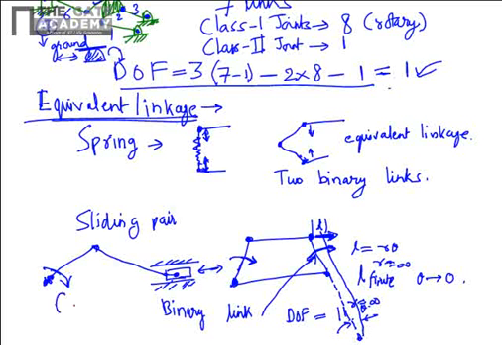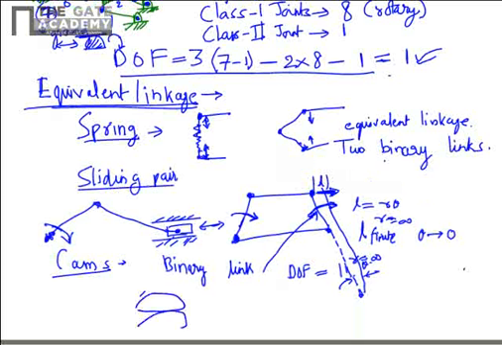Similarly, for the cams, we have 2 cams resting on top of each other like this. They can be visualized as a combination of one binary link, that is this, combined by 2 rotary pairs. This is one rotary pair, pair means joint, this is another rotary pair. So if you make an arrangement like this, the cams can do rotational motions with respect to each other. This cam can rotate relative to this cam.